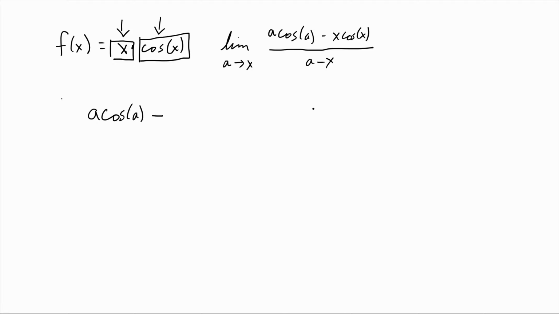But before I put it over there, I'm going to put something new. I'm going to subtract something, then add the same thing so they cancel out. It's like I'm inserting 0 in the middle of this thing. It doesn't matter which way I do it. I'll just say, instead of x in one box, I'm going to call it a, and the other box I'm going to leave as x.